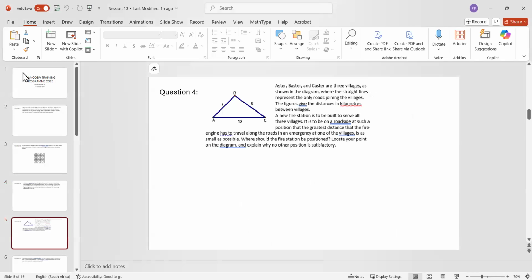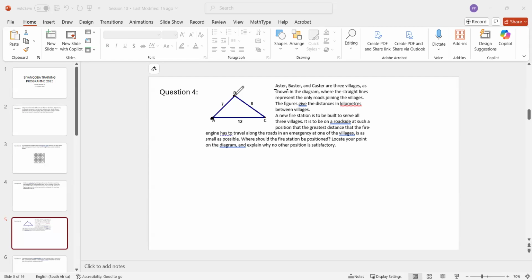Now this problem here, it says Esther, Basta, and Custer. Now there are three villages, A, B, and C. So that's very useful. They named them A, B, and C, which is nice naming. So these are the villages.